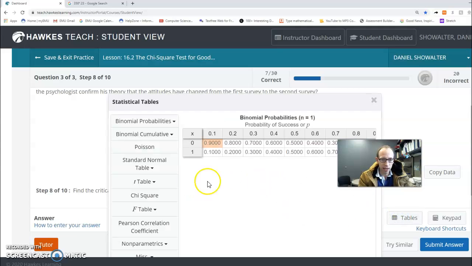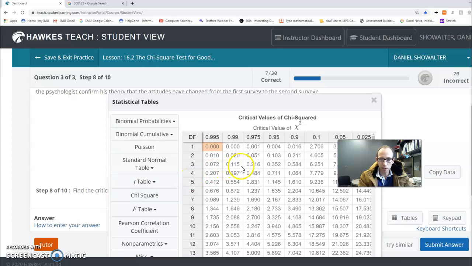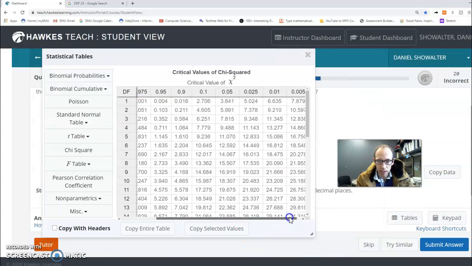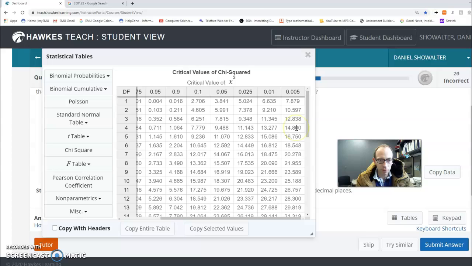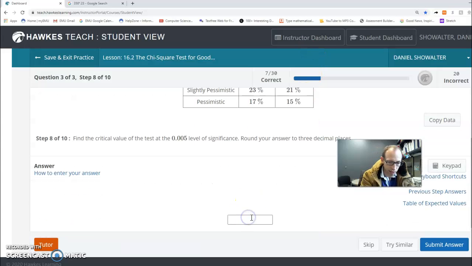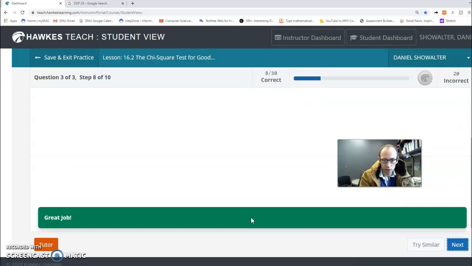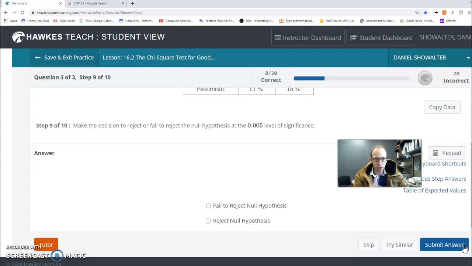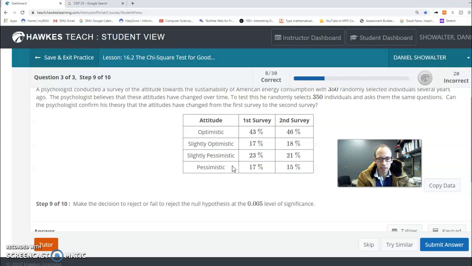So if we go to tables, chi-squared, we're looking for the critical value at 0.005, right there, the very last column for us. And remember we said 3 degrees of freedom, so that would be 12.838. In other words, to reject the null, we're going to need to get beyond that. The chi-squared is always a one-tailed test here.